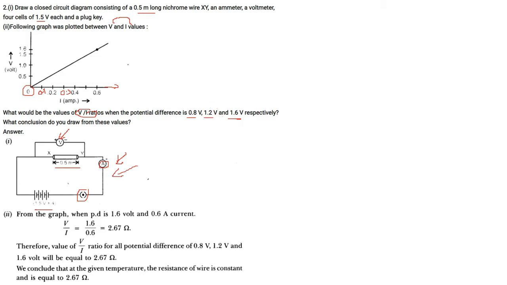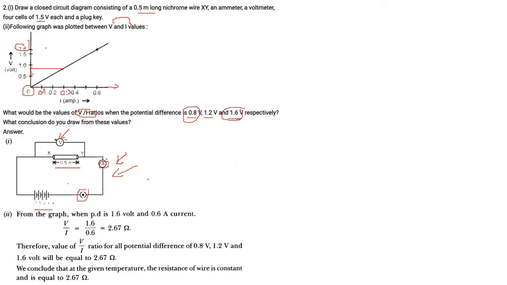So what you have to do here is, say this voltage value is 0.8. So this is 0.5, you can say this is 6, 7, 8. So for 0.8 you have to find out the value of the current I. From the graph, the potential difference is 1.6 volt.